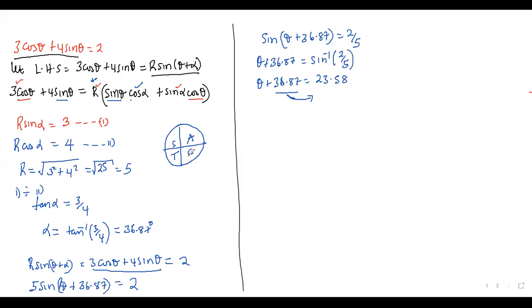All students take cocaine. If the first angle here is 23.58, it lies here in the first quadrant. The second angle will lie here in the second quadrant where sine is positive, by subtracting from 180 degrees. So the next angle is got by saying 180 degrees minus 23.58.